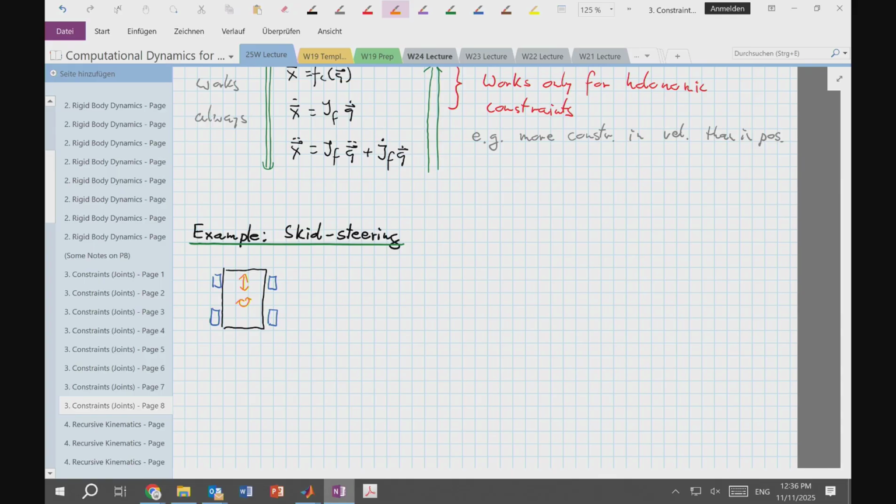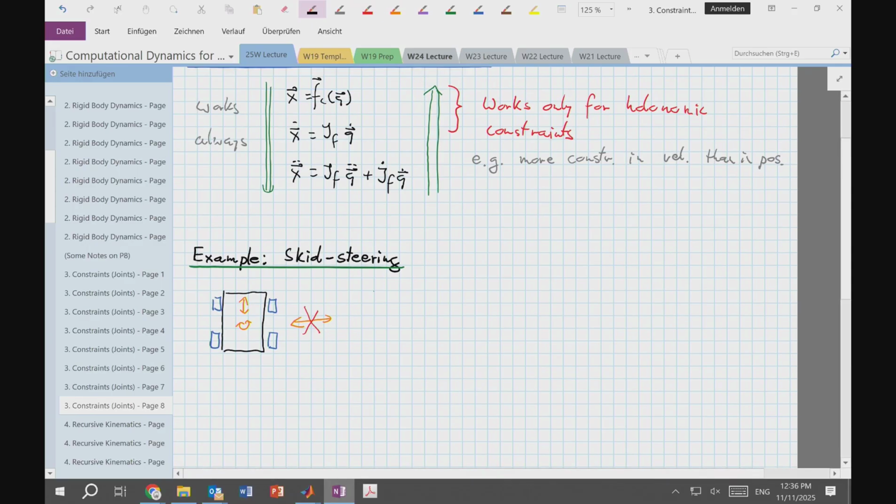Now, there's one thing this guy explicitly cannot do. No, right? You cannot drive laterally. Does this mean you cannot get here?